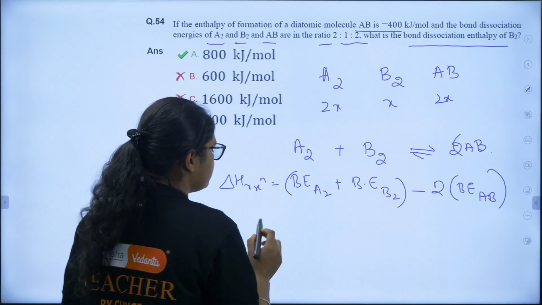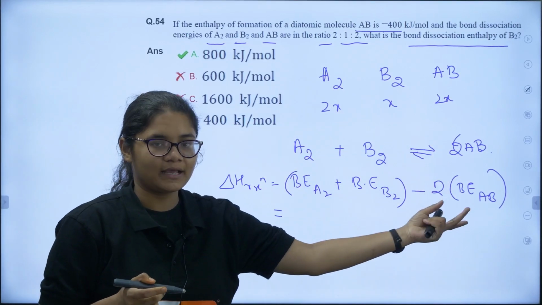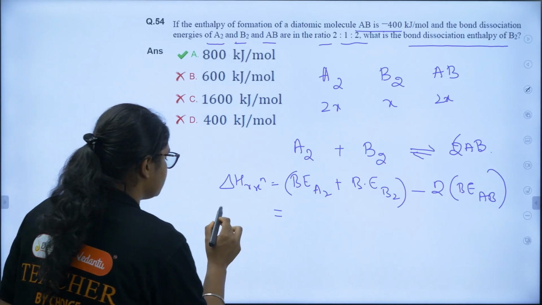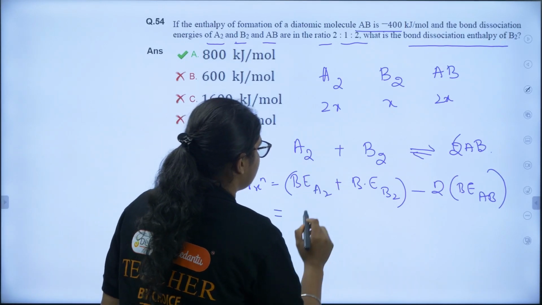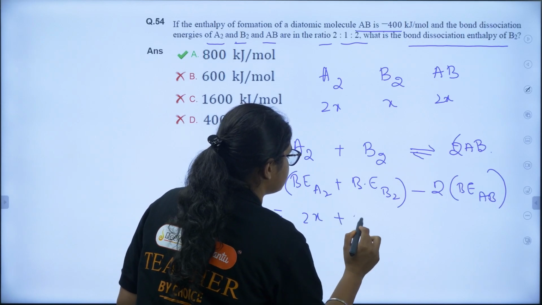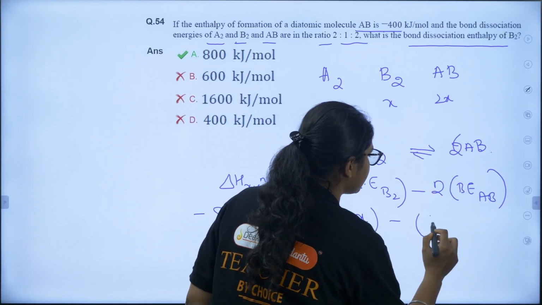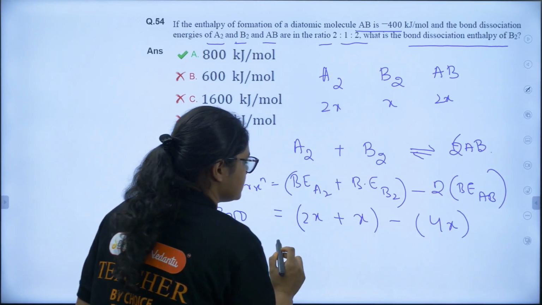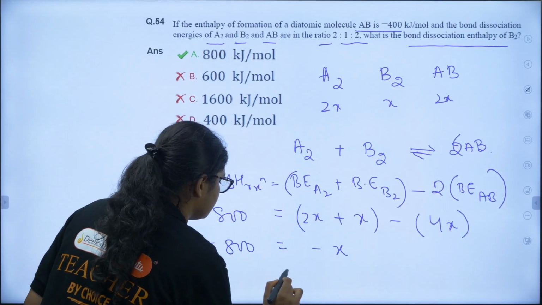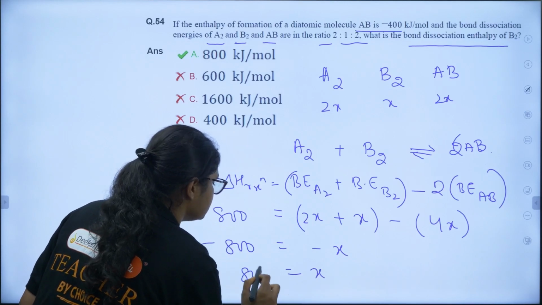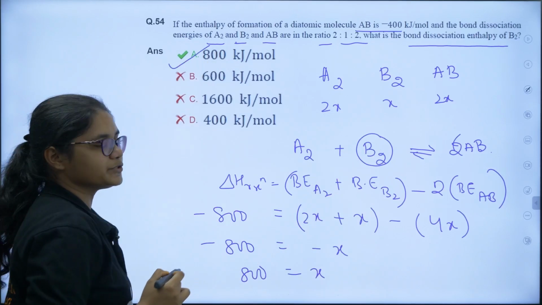Delta H of the reaction will be minus 800, because I am considering 2 moles of AB formed. Then the bond enthalpy of A2 is 2x, this is x, and then minus 4x. If you solve this, we get minus x is equal to minus 800, so x is equal to 800. So x is nothing but the bond enthalpy of B2, that is 800. The correct answer is option number A.